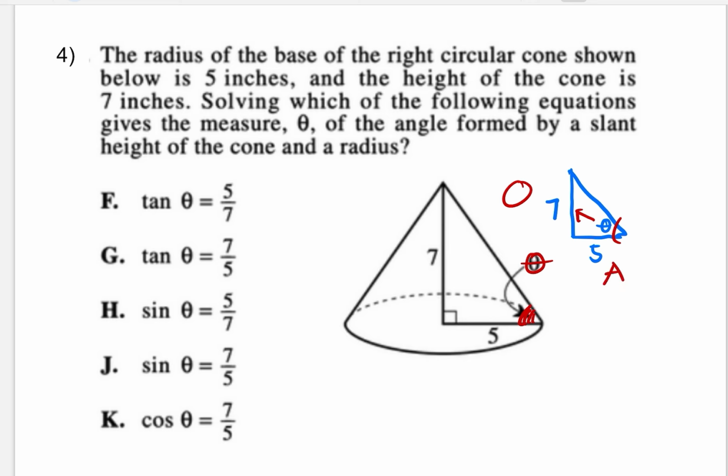So this would use TOA, tangent. We will have tangent theta equals the opposite, which is 7, over the adjacent, which is 5. And that would be letter G. That is going to be our working equation in order for us to solve for the unknown angle.